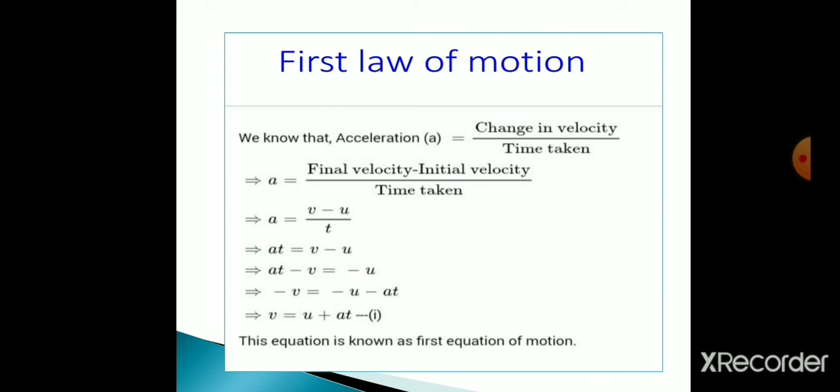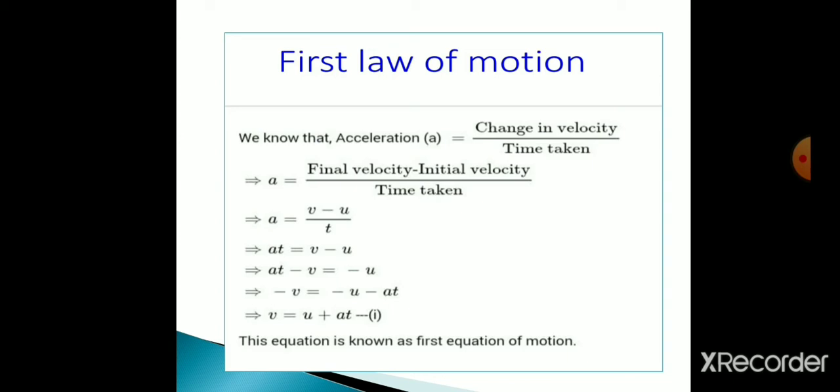That is, a is equivalent to v minus u by t, where v is the final velocity, u is the initial velocity and t is the time taken. Cross multiplying, we get at is equivalent to v minus u. Rearranging the equation, we get v is equivalent to u plus at.